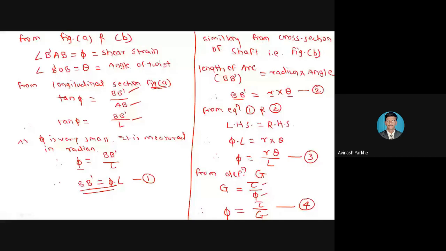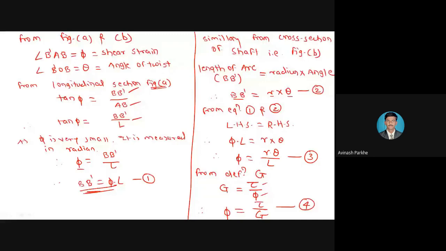Similarly, from the second figure, I have calculated the length of arc. The formula is length of arc is equal to radius into angle. So length of arc means BB dash, radius r, angle is theta. Equation number 2. I have compared equations 1 and 2 to each other, and you will get phi in the form of equation number 3.